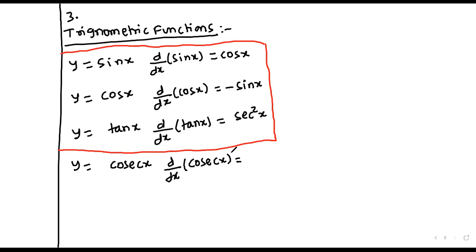d by dx of cosecant x means minus cosecant x cot x. And y is equal to secant x. But the first three are most important.